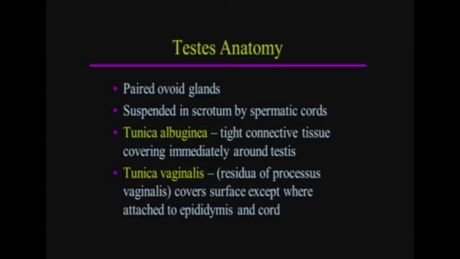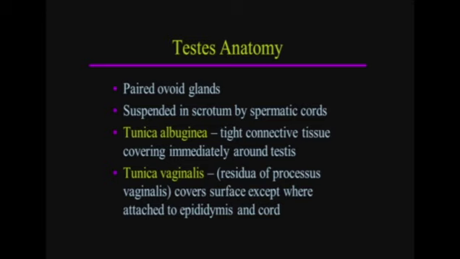The testes are paired ovoid glands. They're suspended in the scrotum by spermatic cords. The tunica albuginea is a tight connective tissue covering immediately around the testis. The tunica vaginalis is residual of the processus vaginalis that closes off after birth in many children. It's closed off in fetal life in many children.